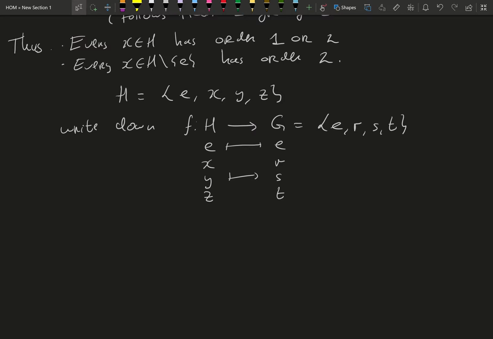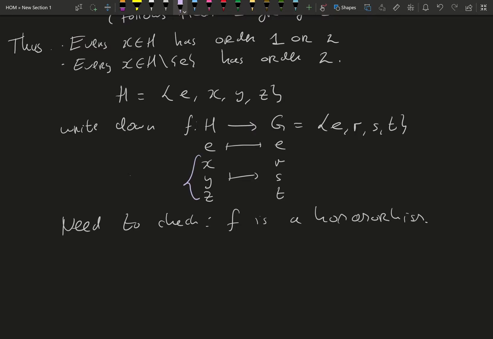So obviously F is a bijection, and we need to check F is a homomorphism. So look, these elements all have order 2.